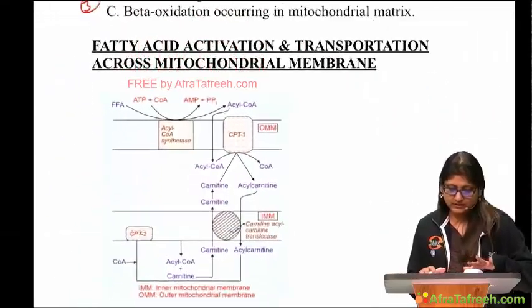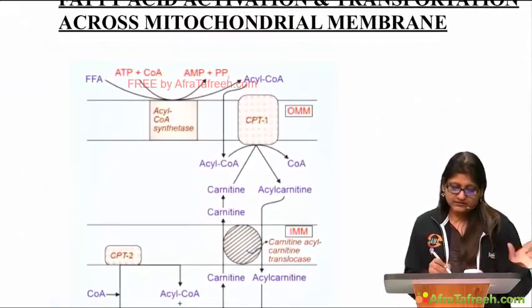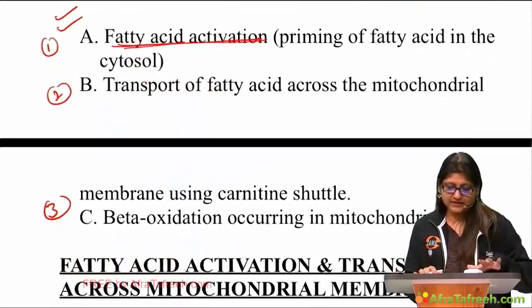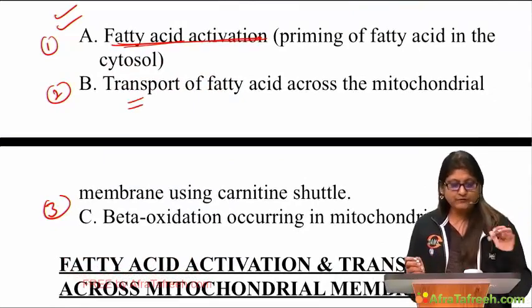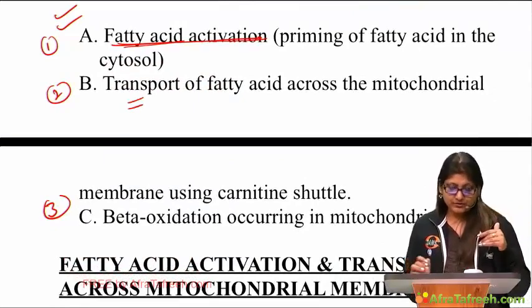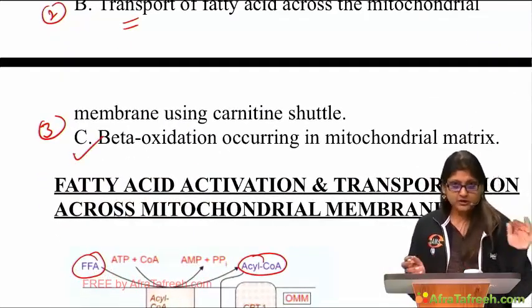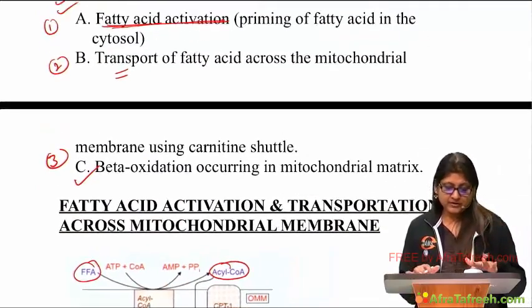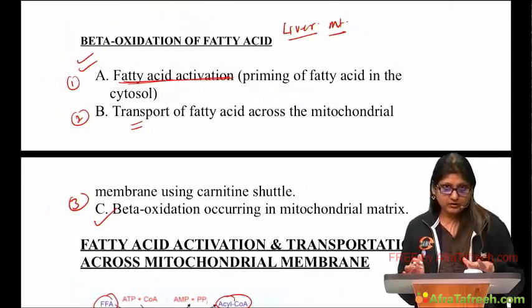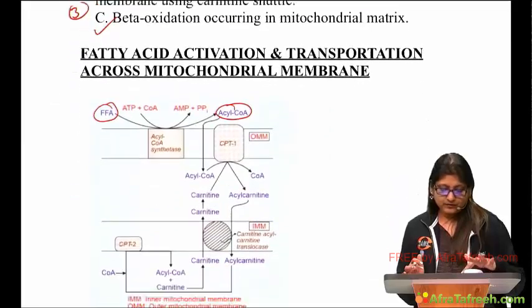You can see in this, first of all, the fatty acid is converted to acyl-CoA. This is called activation of fatty acid. After that, transportation of fatty acid across the mitochondrial membrane, and then the actual beta oxidation happening in the mitochondrial matrix. So 3 stages you have in beta oxidation of fatty acid.